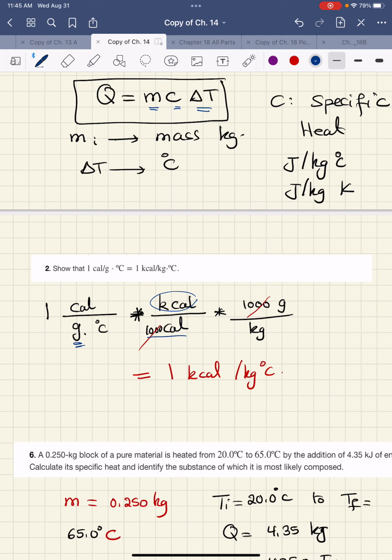For the gram, 1000 grams is 1 kilogram. The grams cancel, the calories cancel, and the 1000 cancels. What is left over is kilocalories per kilogram Celsius.